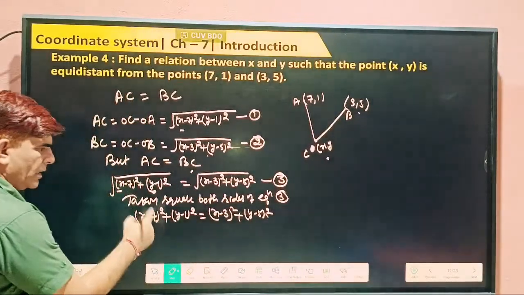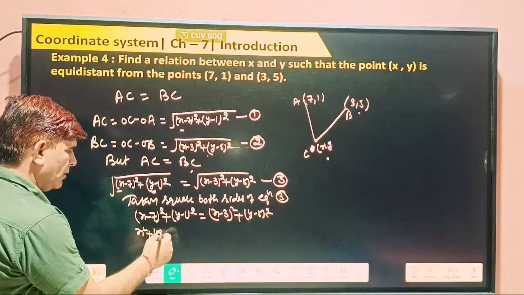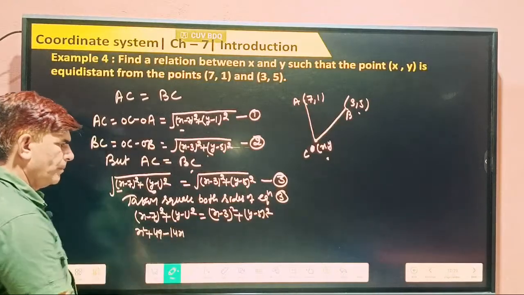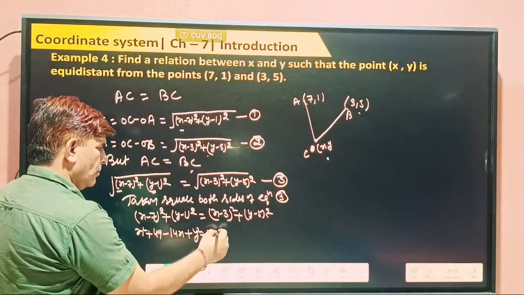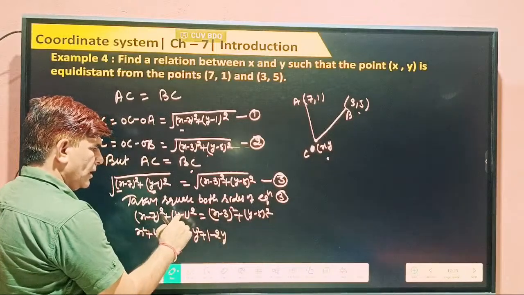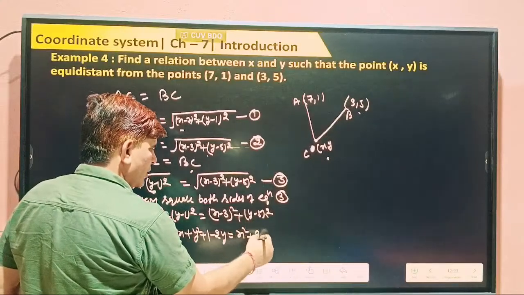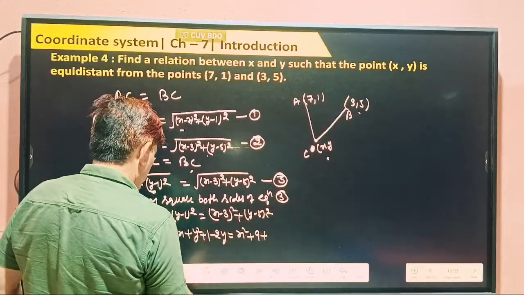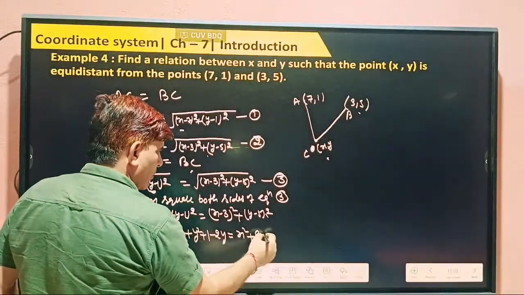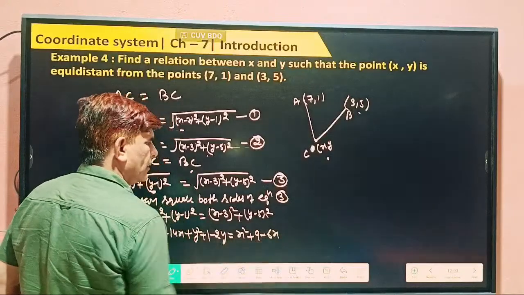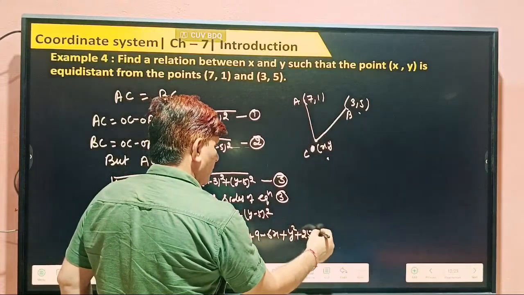So solve it: a minus b whole square is a square plus b square minus 2ab. Plus y square plus 1 minus 2y. a square plus b square minus 2ab equals x square plus 9 minus 6x plus y square plus 25 minus 10y.